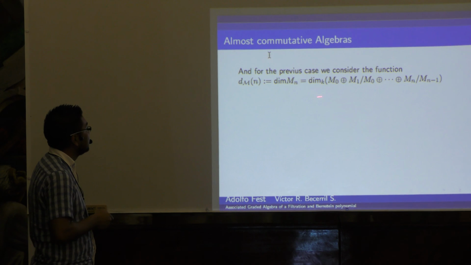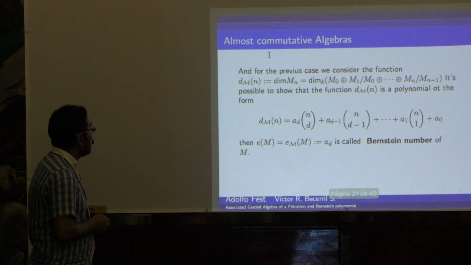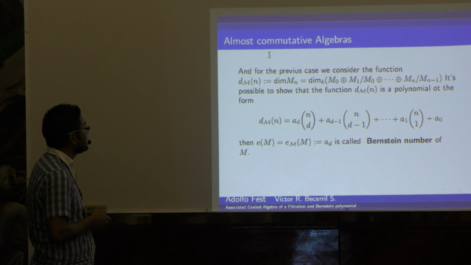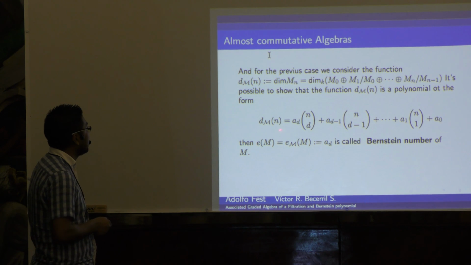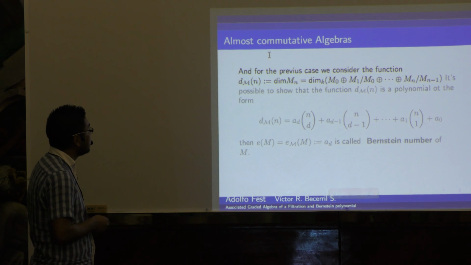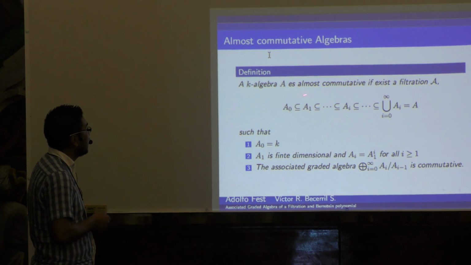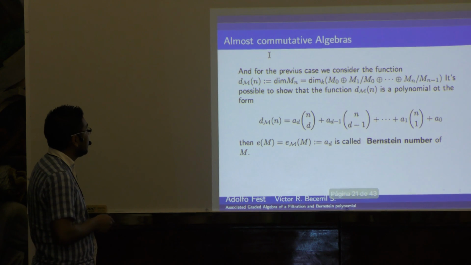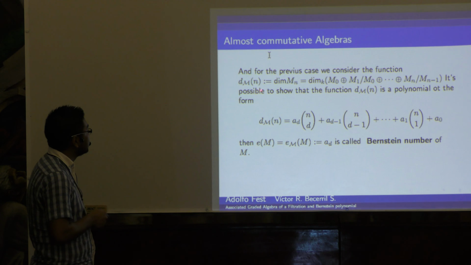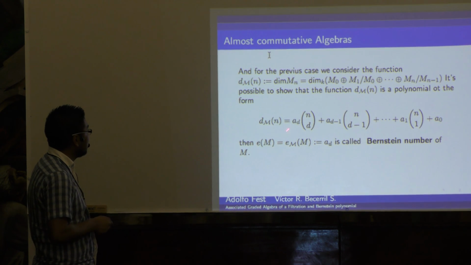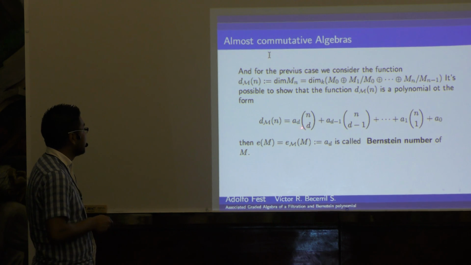It is well known, and it is possible to show, that this function is nothing other than a polynomial, of course, when we talk about an almost commutative algebra. Only in this case do we have that this function is a polynomial.